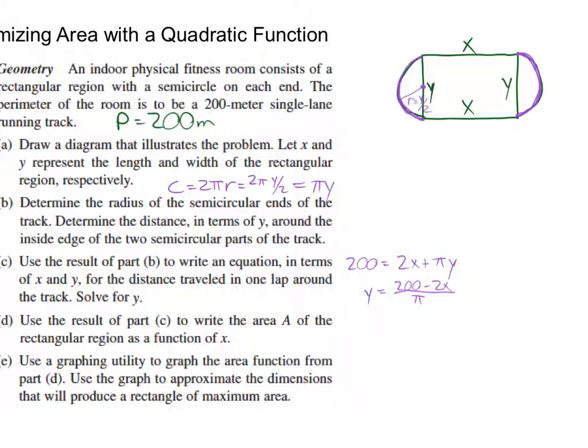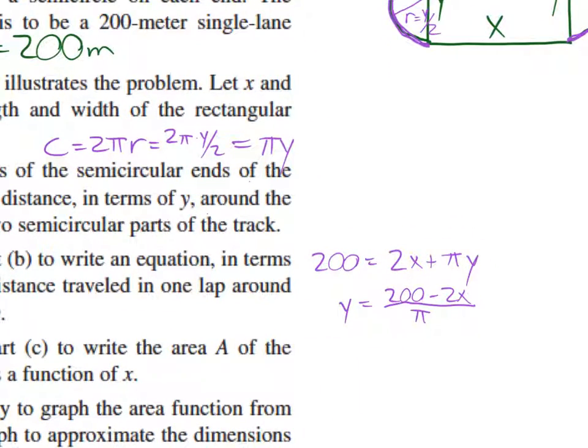Now we subtract the 2x from both sides, divide everything by pi, and we get y equal to 200 minus 2x all over pi. Are there any questions about how we get to this? A lot of you had gotten here, but I just want to make sure all of us are here.